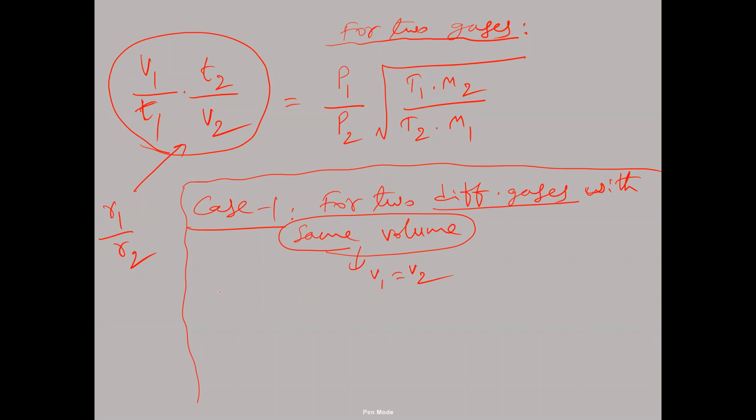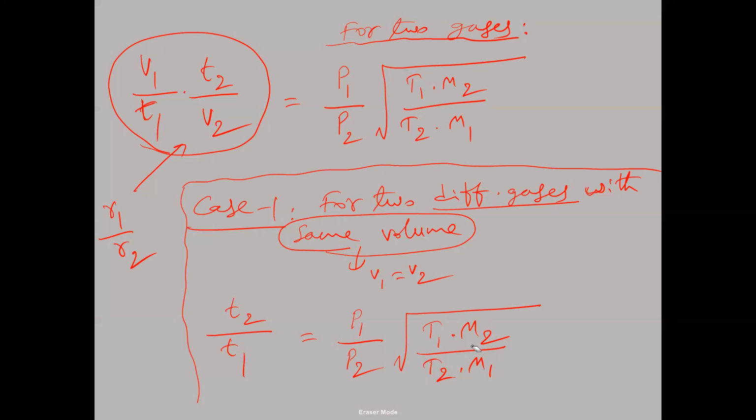V1, V2 need not be written. Then we write T2 by T1, since V1, V2 get cancelled here. Then T2 by T1 is equal to P1 by P2 into under root T1 M2 divided by T2 M1.